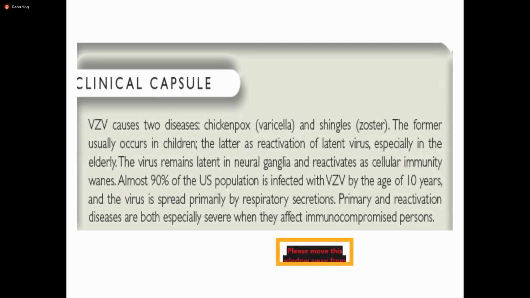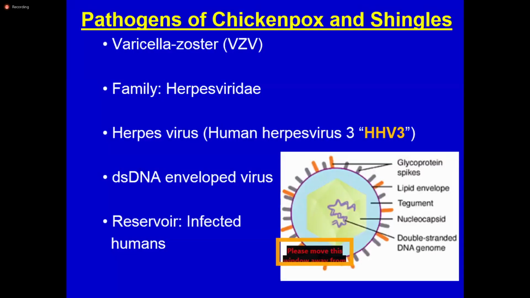Almost 90% of children by the age of 10 years in the United States become infected with this virus. And the virus spreads primarily via respiratory secretion. Primary infection and reactivation are both common in immunocompromised individuals. Logical, because the immune system can control them. Once the immune system weakens, these viruses become reactivated.